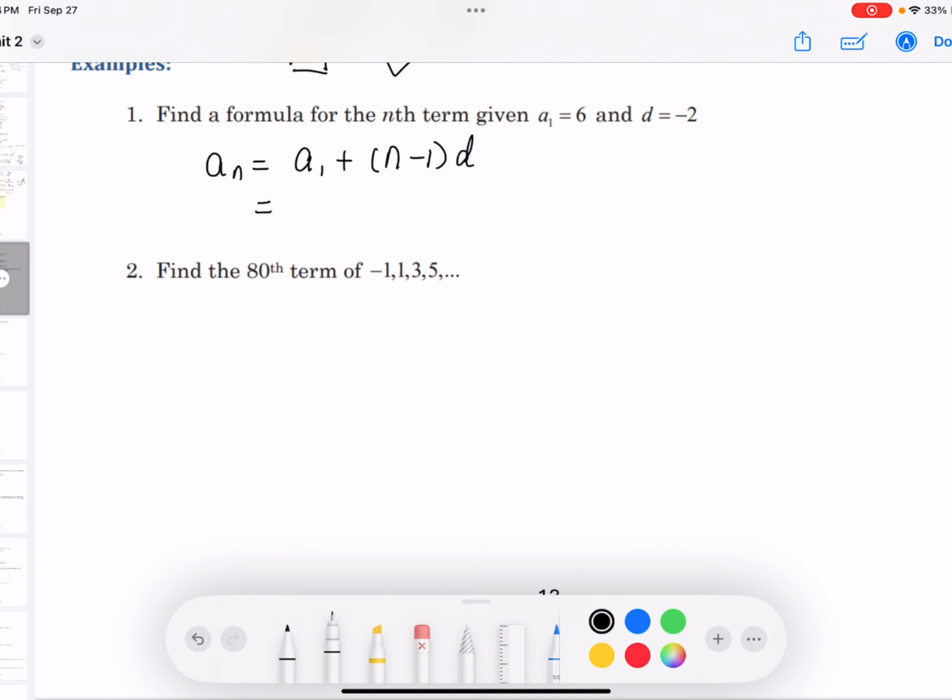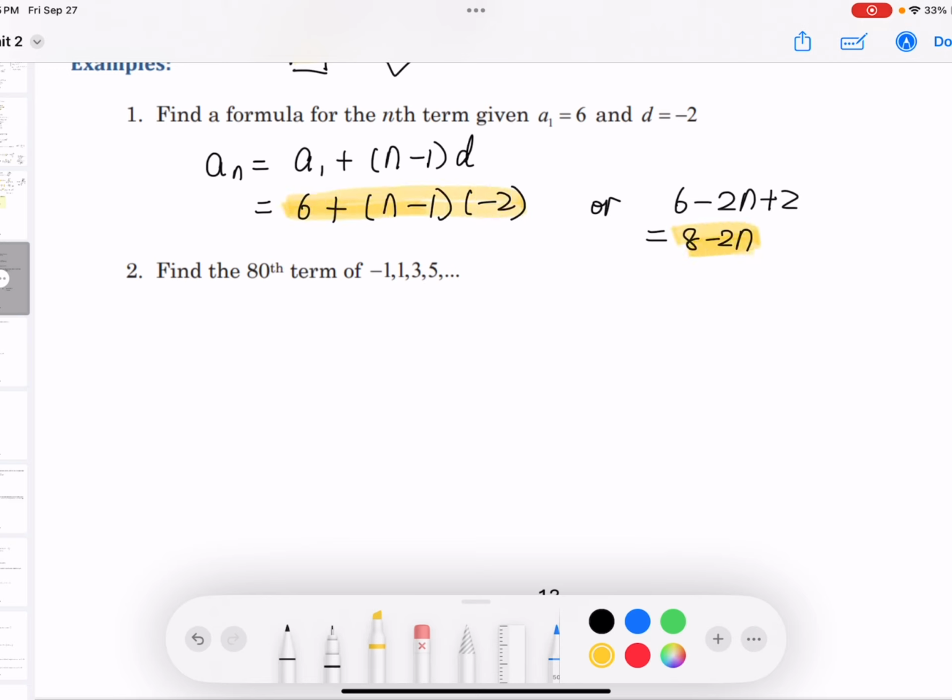So a sub 1 is 6 plus n minus 1 times d, which is negative 2. We're done. If you want to distribute the negative 2, you can distribute it and combine like terms. 6 minus 2n plus 2, and then we have 8 minus 2n. If you give me this solution, you get full credit. If you give me this, you can also get full credit. No difference.